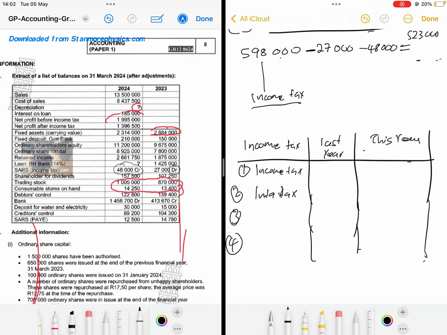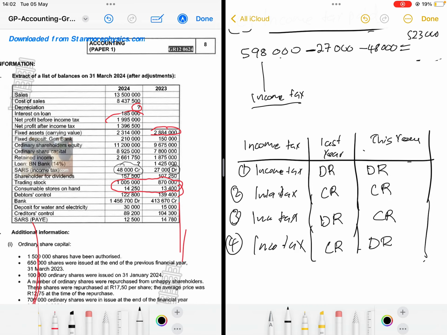You start with the income tax, then last year, this year. I can have a DR and a DR, a CR and a CR, a DR and a CR, a CR and a DR. So DR is a minus and a plus.